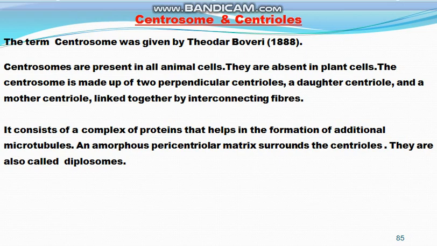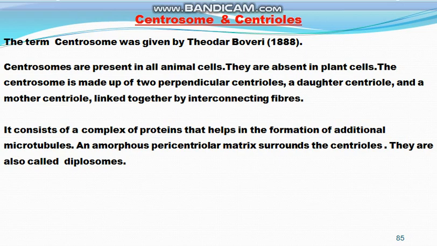And these two centrioles in the centrosome are linked together by the interconnecting fibers, and they consist of a complex of proteins, and those proteins help in the formation of additional microtubules during the process of cell division.